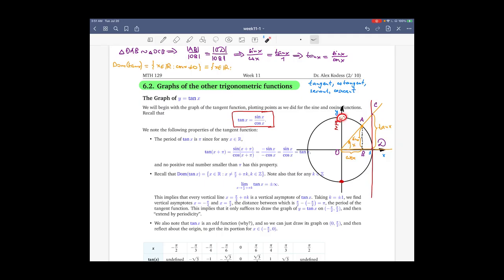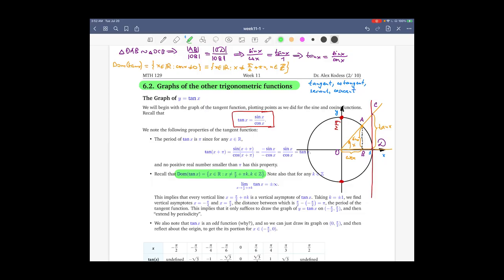If I start at this point and make any integer multiple of half a revolution, I will end up either at this point again or at that point. These are the only 2 points where cosine x is 0. So I can write that the domain of tangent is all the real numbers except those of the form pi over 2 plus pi times n, where n is an integer. That is the domain of the tangent function.